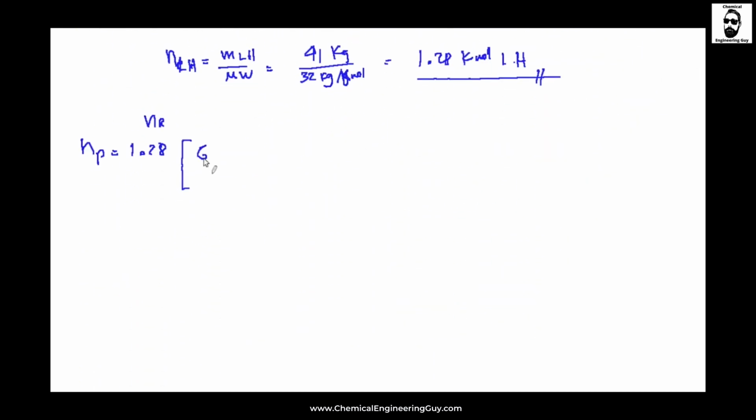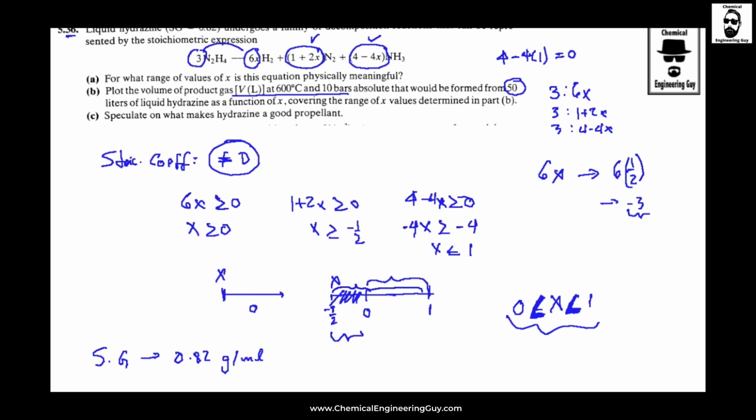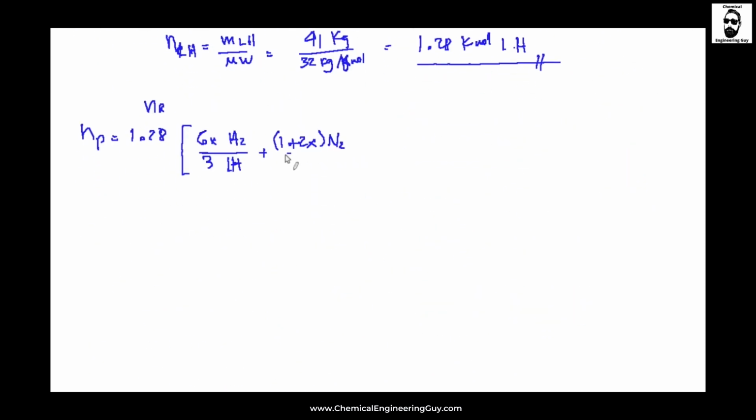You get 6x of hydrogen per 3 of liquid hydrazine, plus 1 plus 2x of nitrogen per 3 moles of liquid hydrazine, plus finally 4 minus 4x of ammonia gas, NH3, per 3 moles of liquid hydrazine. So we got our expression.